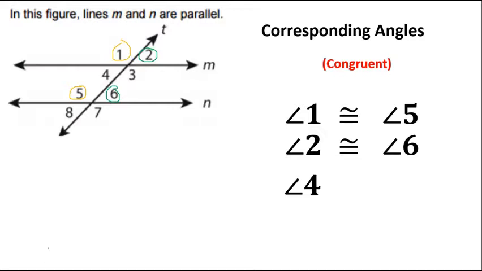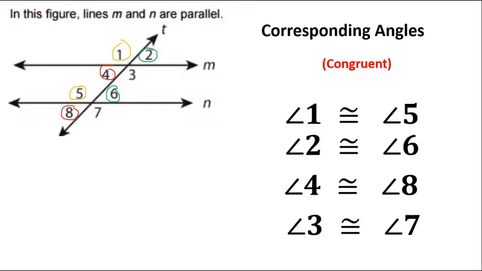Start with angle 4. So angle 4 is right here, and that corresponds to angle 8. So 4 and 8 go together. And then the last one that's missing is 3 and 7. So angle 3 is congruent to angle 7. Those are my 4 pairs of corresponding angles.